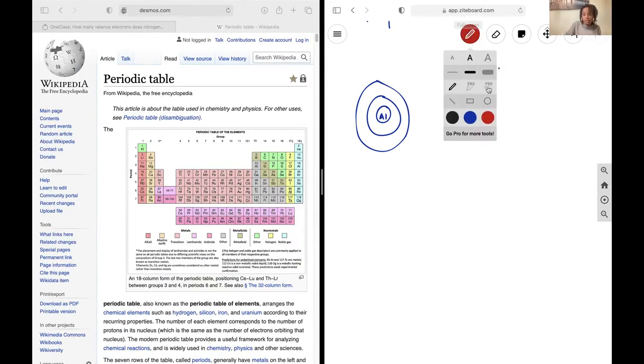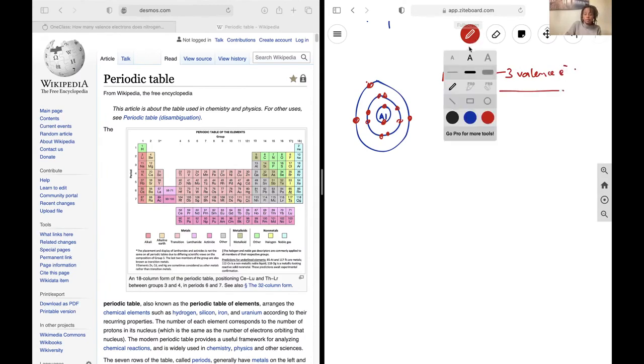We know that the first shell can take 2, the second shell can take 8. So we reach 10 now, and that leaves 3 on this last shell. If you're using this model, you would say that aluminum has 3 valence electrons.